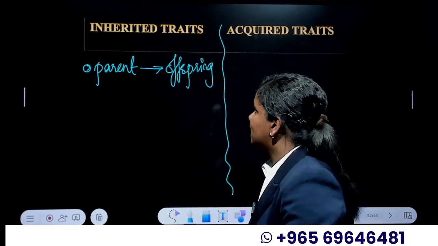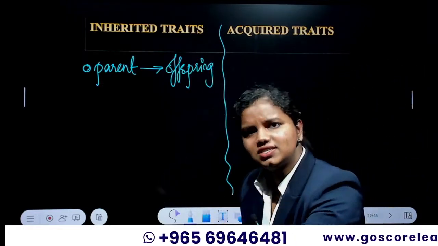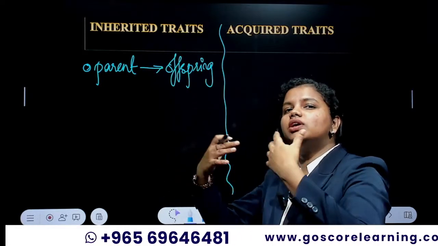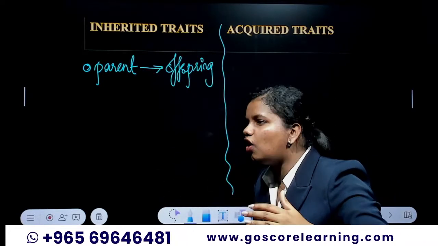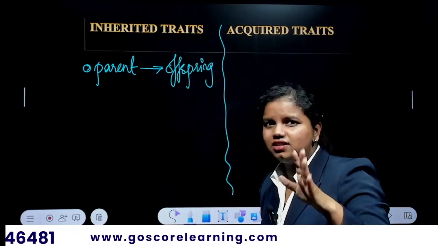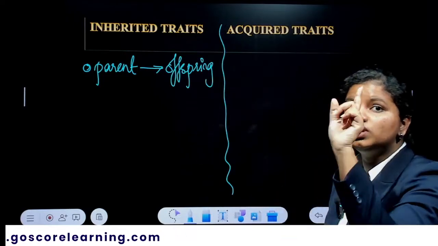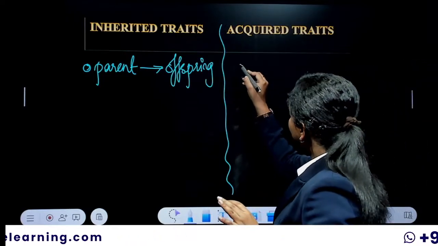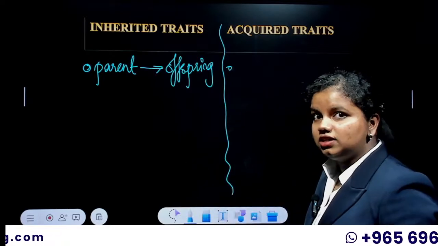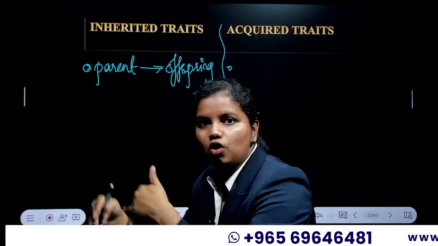Inherited trait, yes. And what about an acquired trait? Acquired, as the word itself says, is something you gain. It is nothing you got from your parent. It is nothing you got due to your heredity. Nothing in the genes. It's what you acquired during your lifetime. So this is not a character that you can pass to your offspring or you get from your parent.